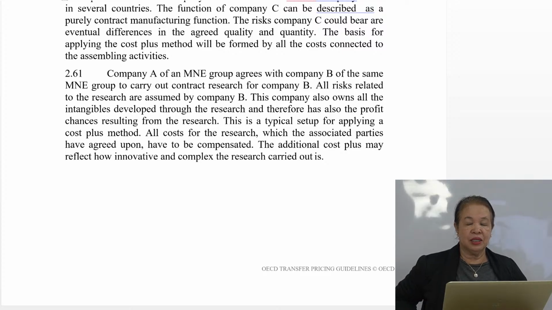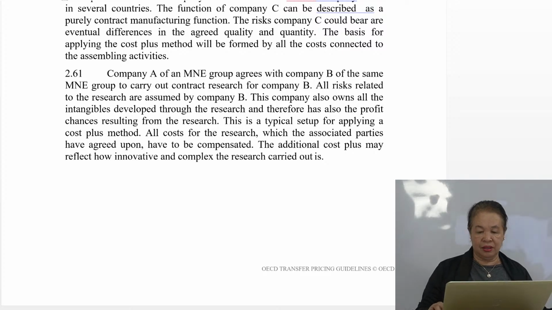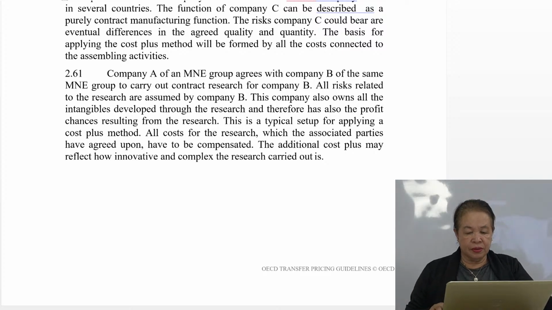So, sa arm's length natin, ano ang nire-require? The arm's length compensation. No? The additional cost plus may reflect how innovative and complex the research carried out is. No? So, kung may additional cost pa, depende na yan kung gaano ka innovative o complicated yung research.